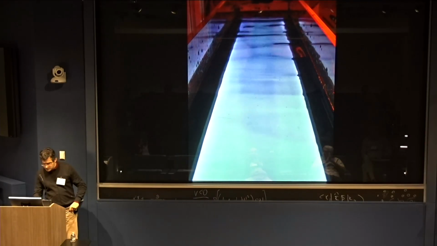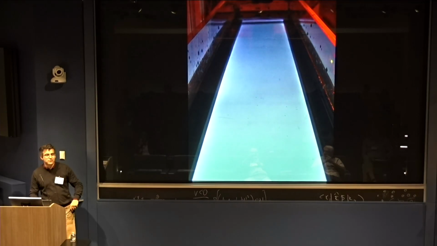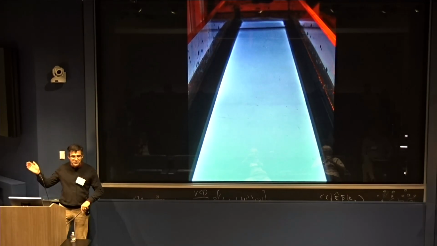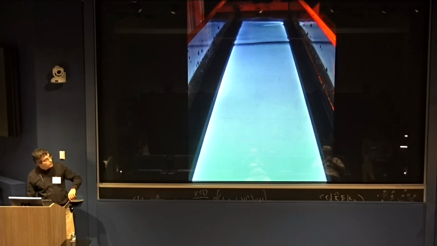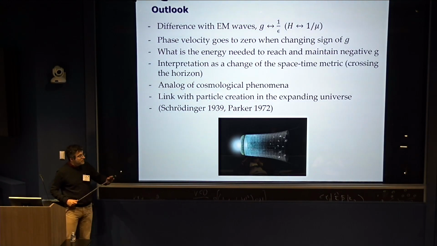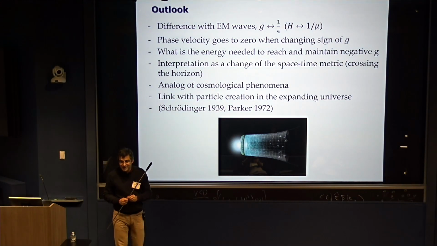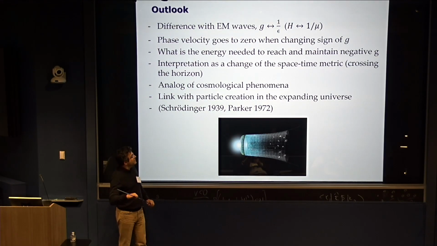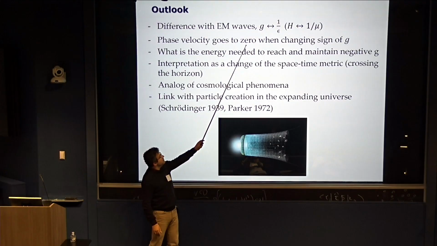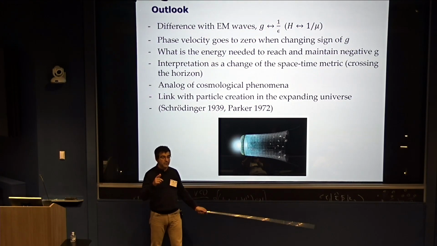So to conclude this part, we need to do a lot of experiments to measure the amplification depending on stuff. But to conclude, first I want to say that this is something we discussed with Nader. The main difference probably, one of the main differences, is that G is 1 over the permittivity.